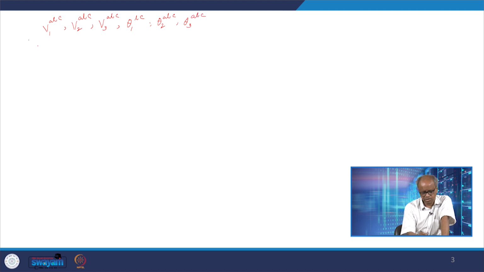This is the state vector. How many? 3 plus 3 plus 3, 9, and then 1, 2, 3, 4, 5, so 15 plus 2, that is 17 cross 1.